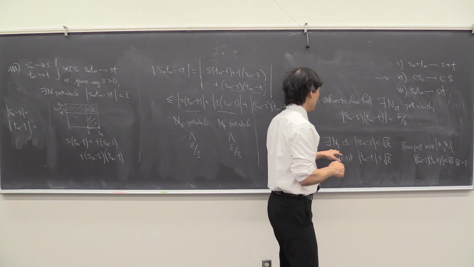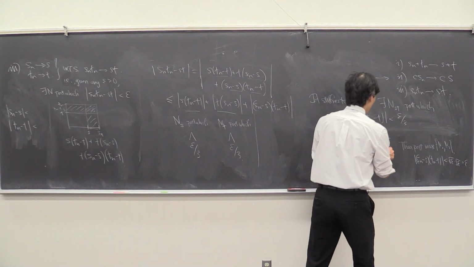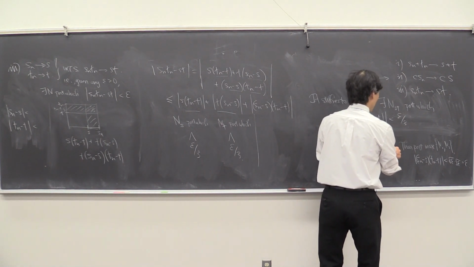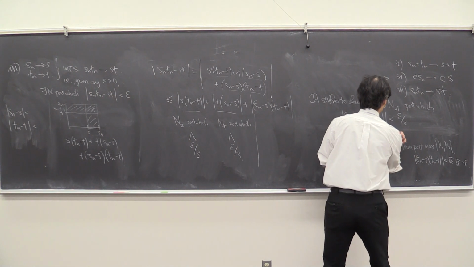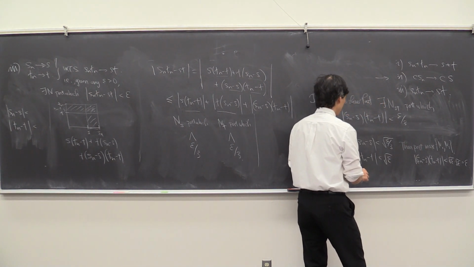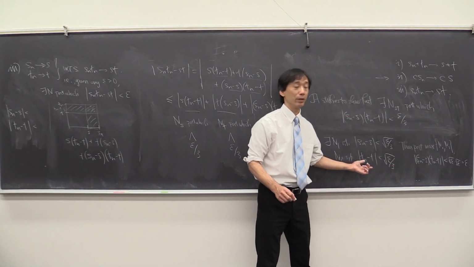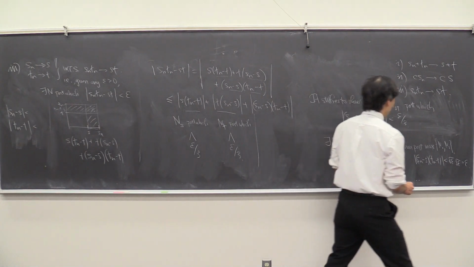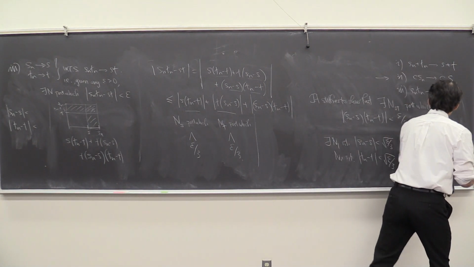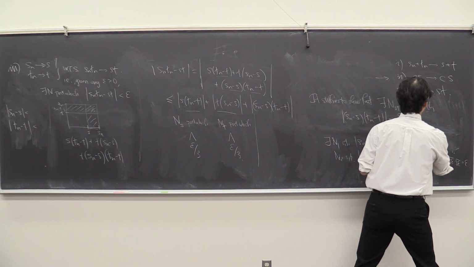Well, we know that there's an n1 past which this guy is smaller than root epsilon over 3. We know there's an n2 past which this guy is smaller than root epsilon over 3. So let nst be the max of those two.